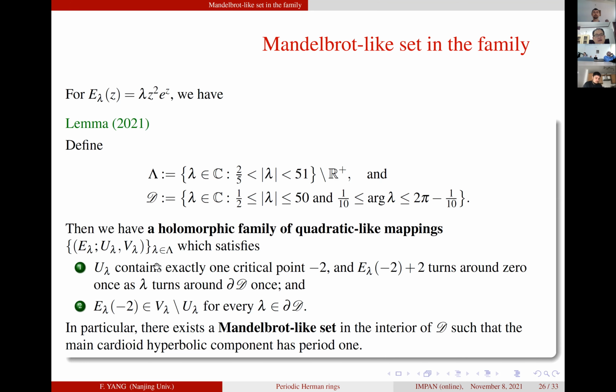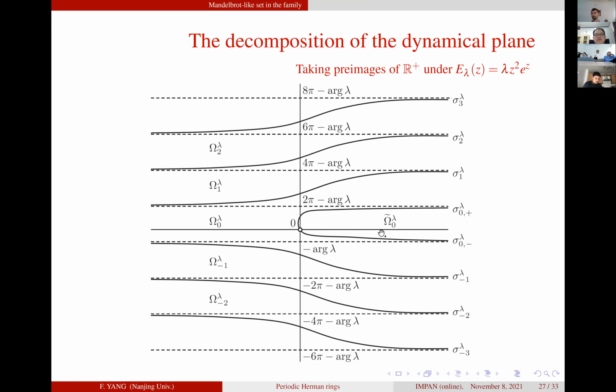We need to have, first, quadratic-like mappings, and then we need to verify it is a holomorphic family of quadratic-like mappings. First, we verify it is a quadratic-like mapping. We take the pre-image of the positive line under this map, and we obtain these curves.